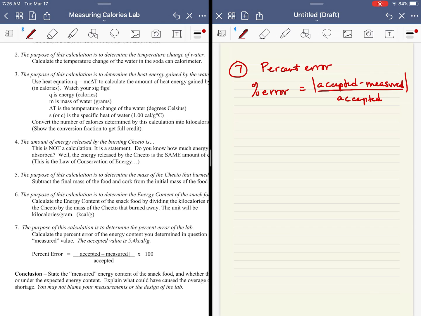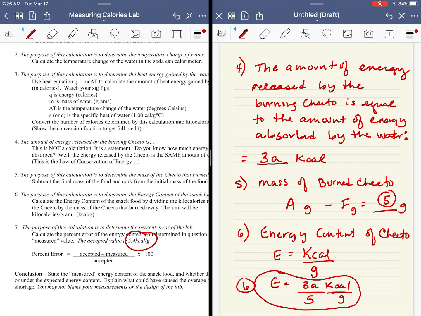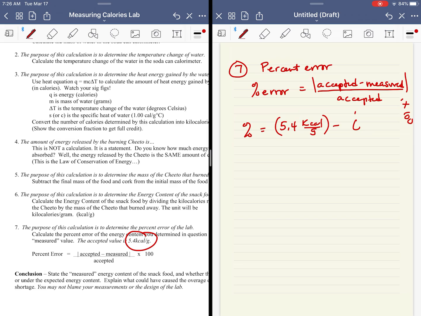We're going to put those in absolute value, and then of course the whole thing is, I ran out of room here, times 100. The accepted value here is given as 5.4 kcal per gram. We're going to subtract from that the measured. The measured is whatever you just got in number 6.